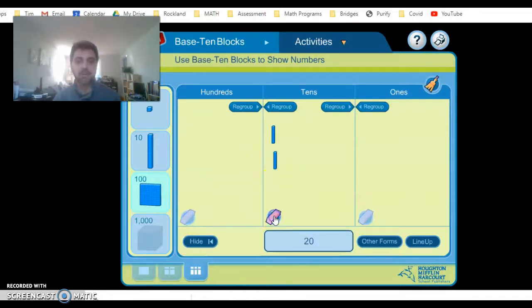So if we have 10, okay, and we multiply that times 10, we get 10 tens or 100, okay? And if we had another 10, which we do, and we multiply that by 10, we would have 10 tens, right? 1, 2, 3, 4, 5, 6, 7, 8, 9, 10, regroup.